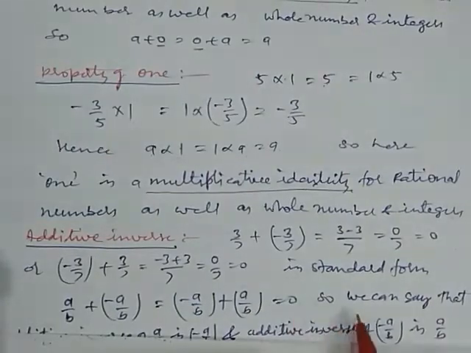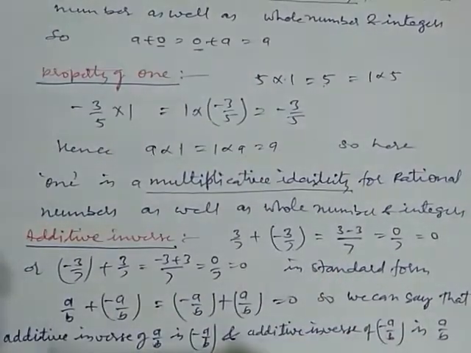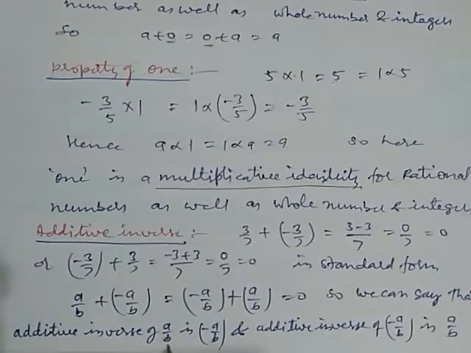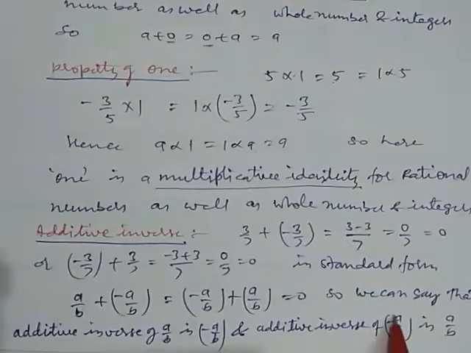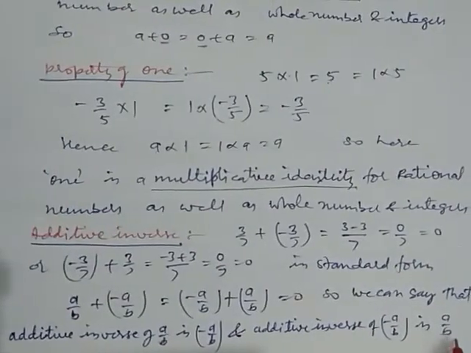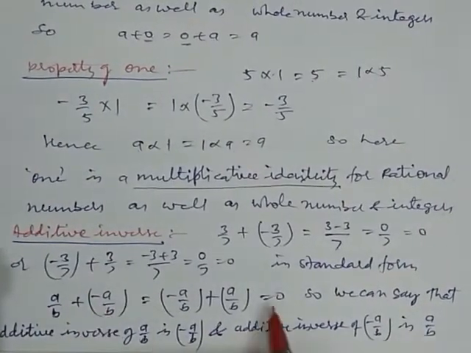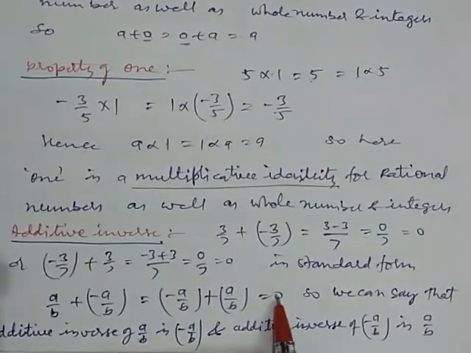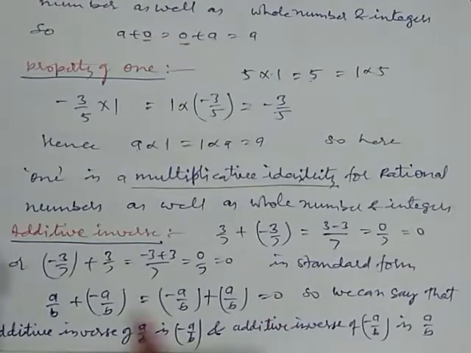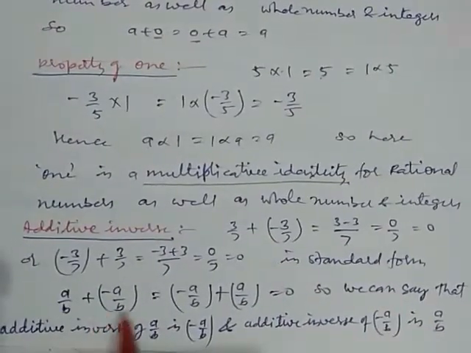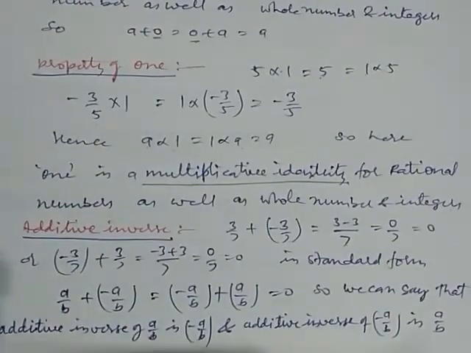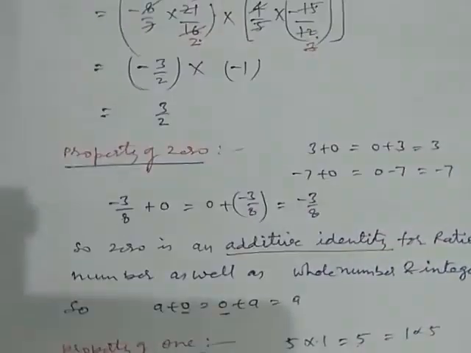So we can say that the additive inverse of a by b is minus a by b, and the additive inverse of minus a by b is a by b, because by adding both of these we receive 0. And when we receive 0, which is the additive identity, both numbers are additive inverses of one another. So this is our property.